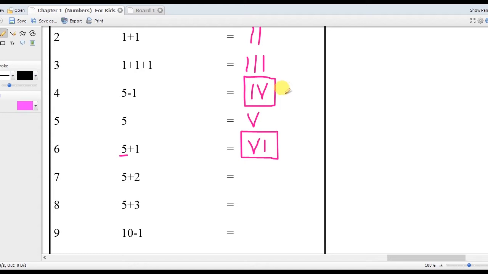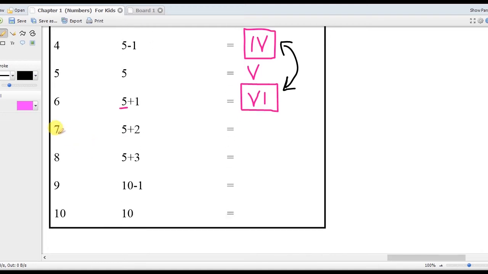If you see, both of these have different representations. Since 4 comes before 5, that's why we write I before V. And 6 comes after 5, so that's why we write I after V, right? Simple.